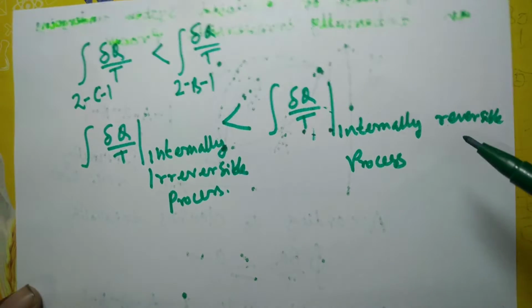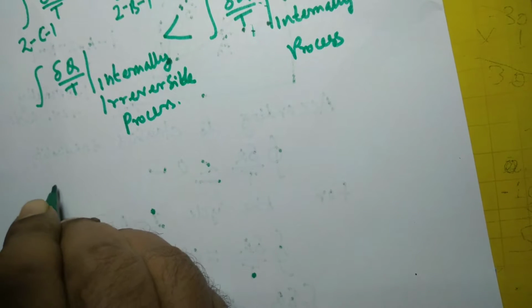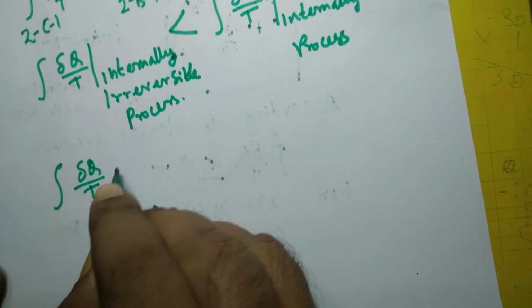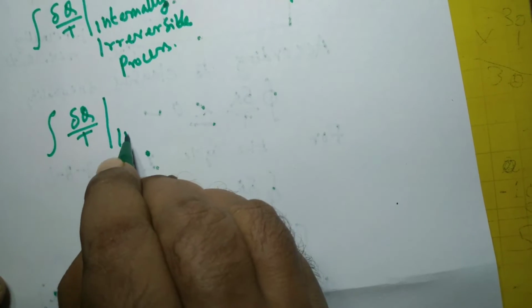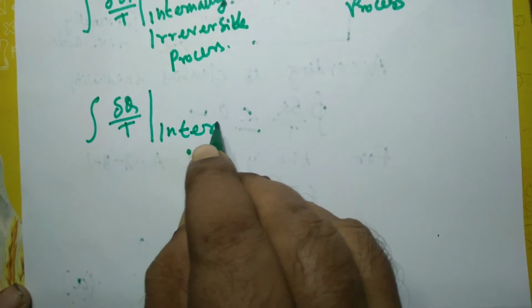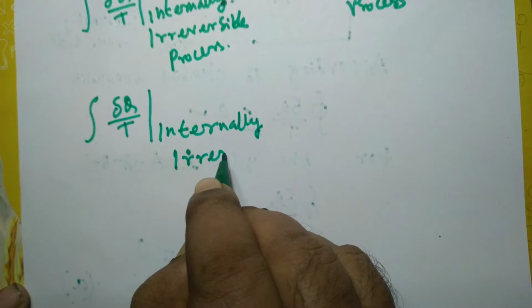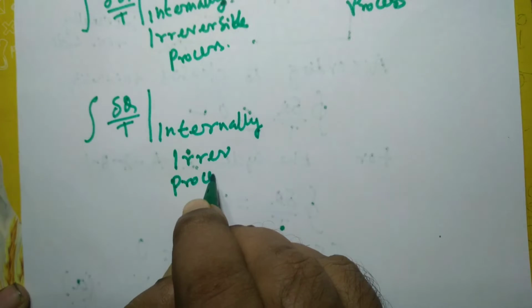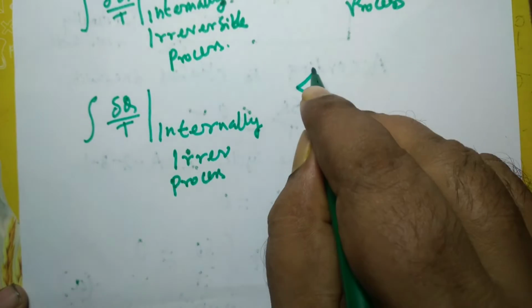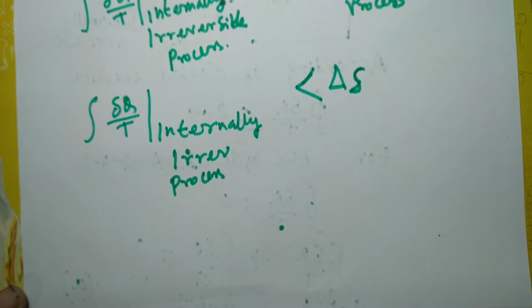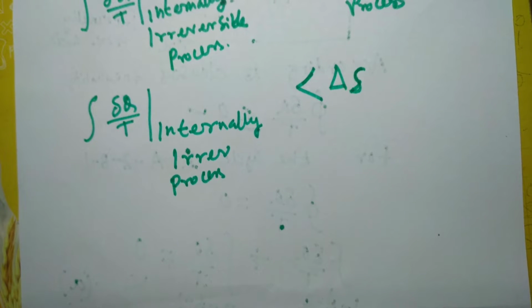So I can write this inequality like this: the integral of del Q by T for an internally irreversible process is less than delta S, the change in entropy.